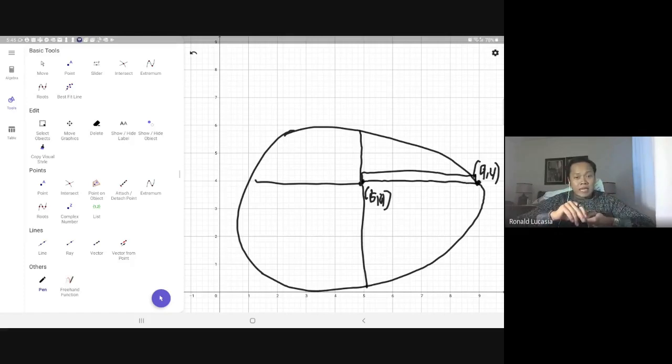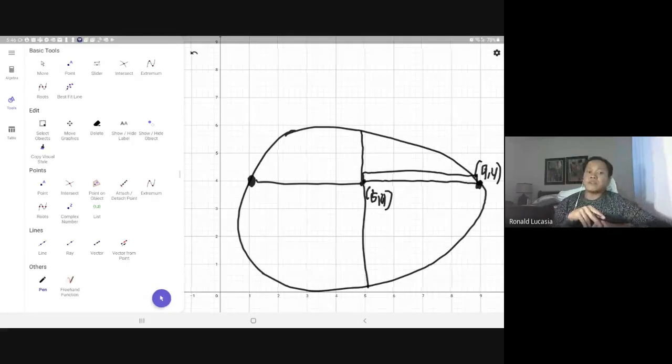Midpoint formula is not applicable to that because when you are going to use the midpoint, it should be the diameter, both ends. Kung meron kang point dito, tapos meron ka ditong point at gusto mong malaman ngayon ang radius, kunin mo yung distance ng dalawang endpoints ng diameter and then you divide it by 2. That is the radius because as we all know, radius is half of the diameter.